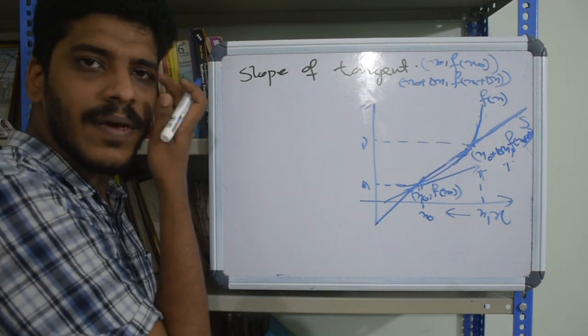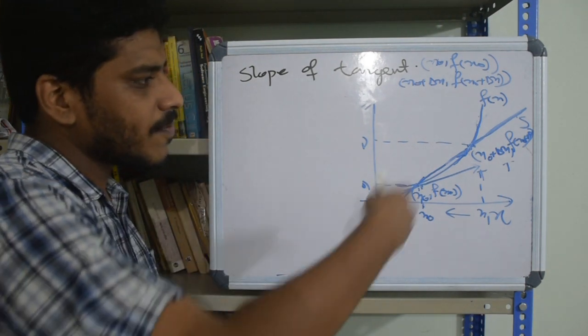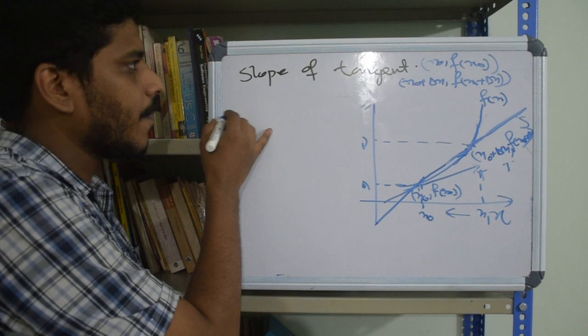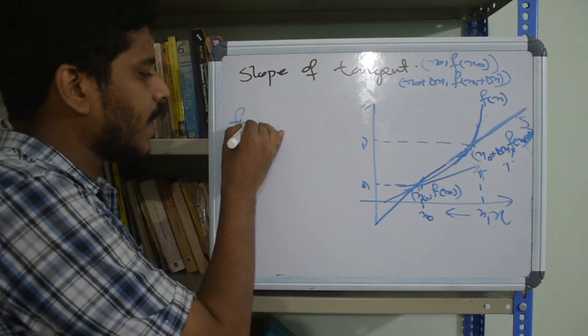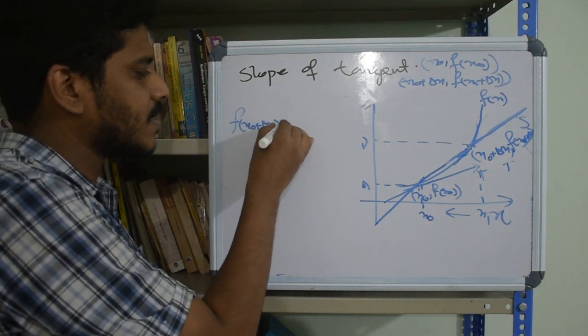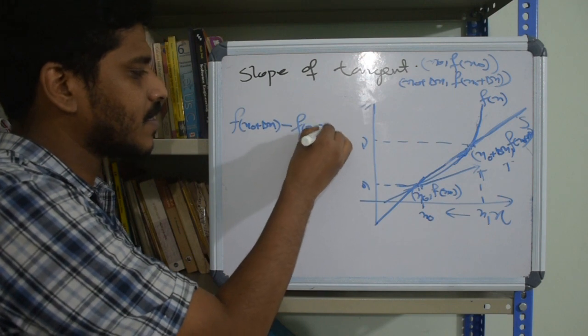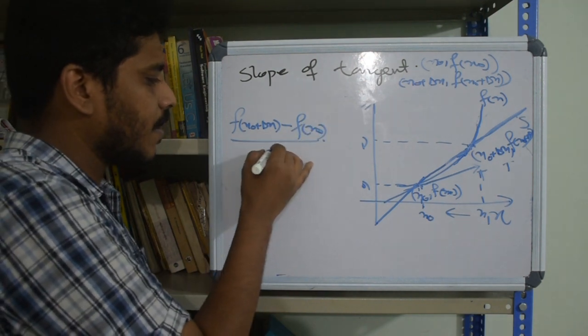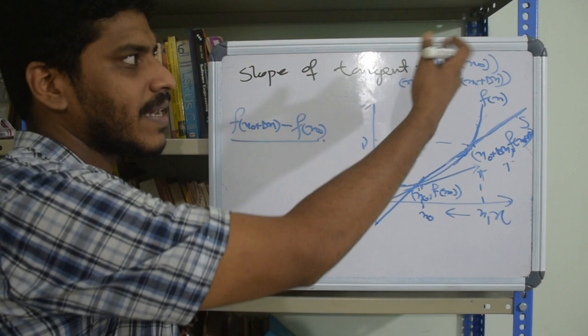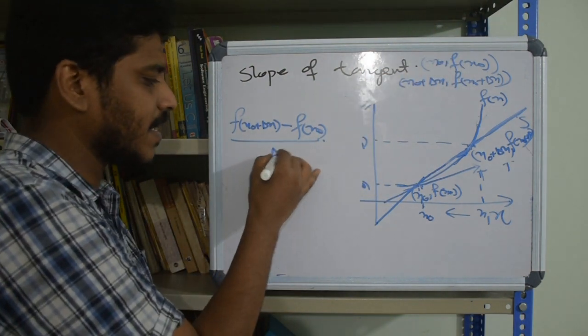Then the new formula to find the slope of the secant line will be f of x0 plus delta x minus f of x0 divided by x0 plus delta x minus x0, which will be delta x.